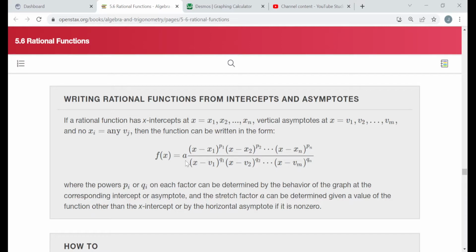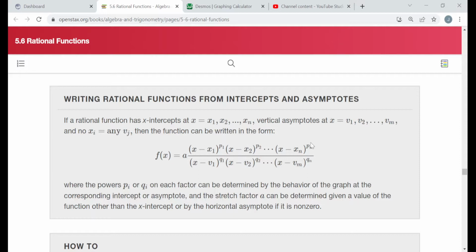We'll have some scaling factor called a, times, and in the numerator we have x minus x1 to some power, x minus x2 to some power, and so on, where x1, x2 are all the x-intercepts of the graph, where the graph hits the x-axis, and the powers will be determined by what we think the multiplicity is.